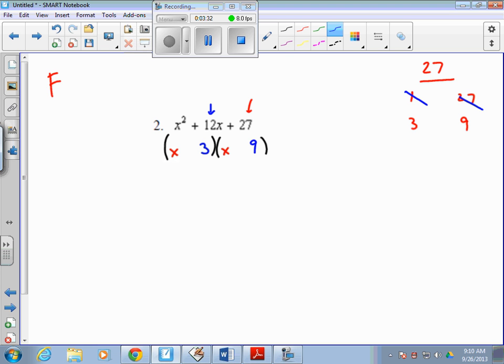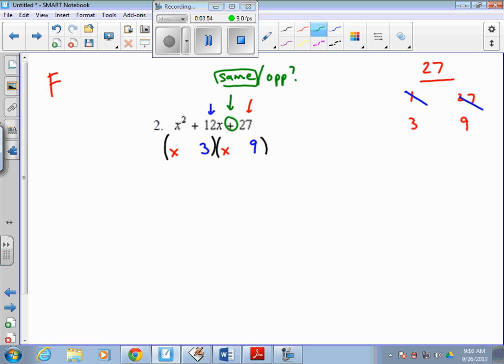Then once you have x times x and 3 times 9, you look at the second sign, this positive. All that tells you is, are they the same or opposite? If it's positive, then they're the same.